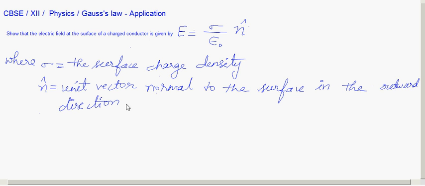Show that the electric field at the surface of a charged conductor is given by E is sigma by epsilon naught into n, where sigma is the surface charge density and n is the unit vector normal to the surface in the outer direction. Now let us consider a charged conductor, and let plus q be the charge which is uniformly distributed over the spherical shell.